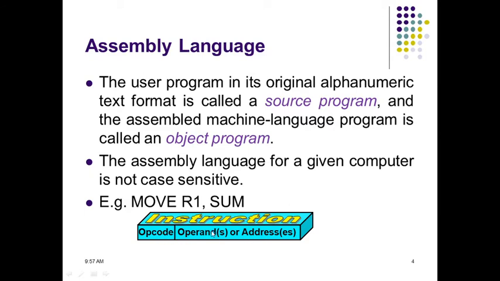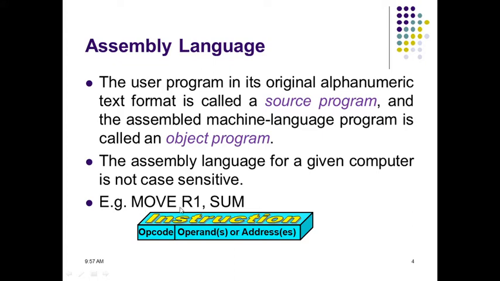So this is the general format I have shown here. Normally, assembly language instructions follow this format: the opcode, followed by a space, followed by the operand or set of operands or addresses. If there are multiple operands or addresses, they should be separated by commas.